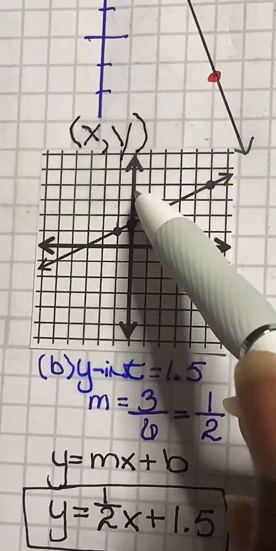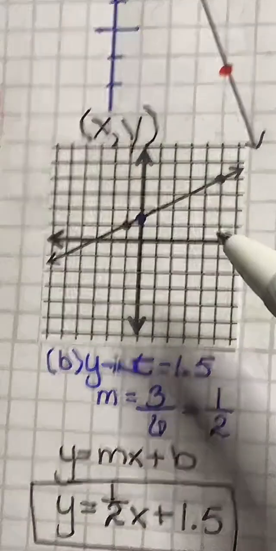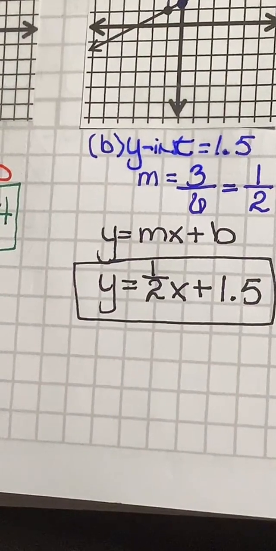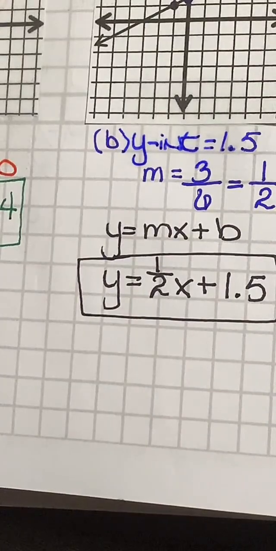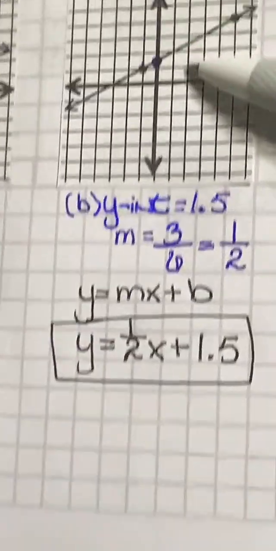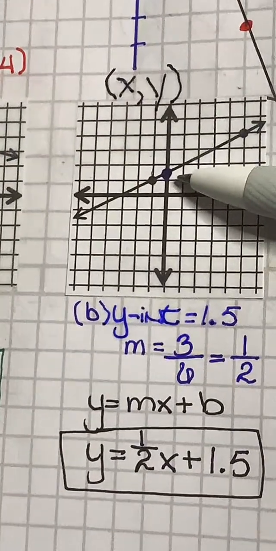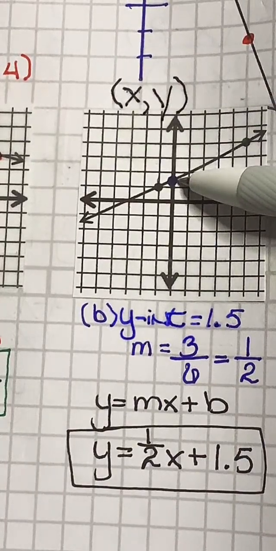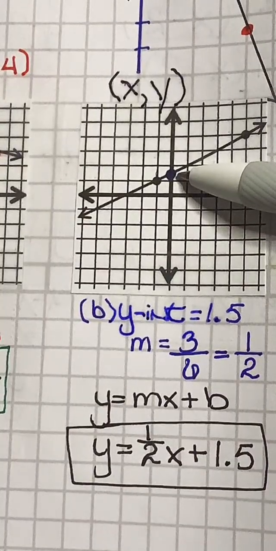So my rise was up 3, and I ran in the positive direction 6. So that's where that 3/6 came from. The 1.5 is my y-intercept, that's where that line crossed the y-axis. Because here's 1, here's 2, and between 1 and 2 is 1.5.